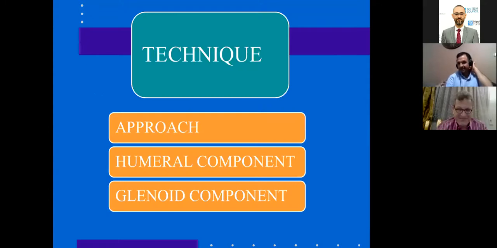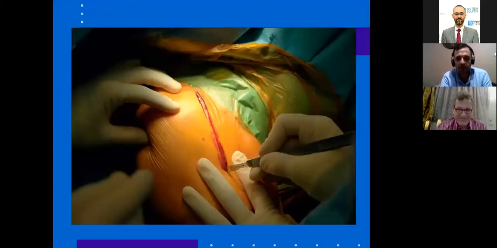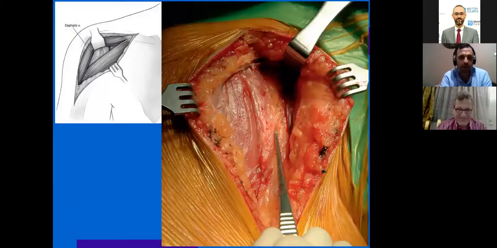As regards technique, we have the approach, the humeral component, and the glenoid component. Step by step, the approach to the shoulder is the deltopectoral groove. In a beach chair position, this is the deltopectoral approach, and this is the deltopectoral interval.